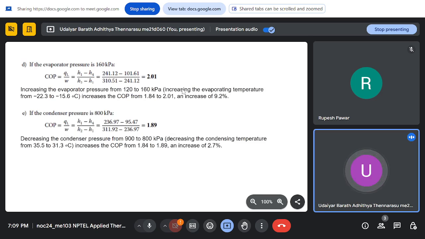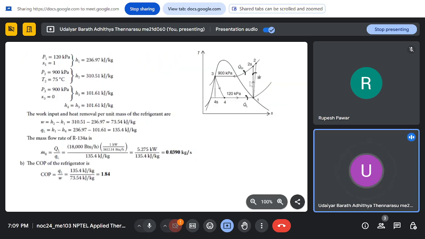So basically what we did in this problem is, with the simple VCRS system, we just varied some of the properties and saw their effect on the cycle. So basically in the VCRS system you have to first estimate these 3 points. The fourth one will be straight away from the other.